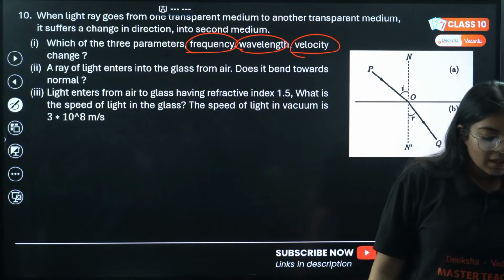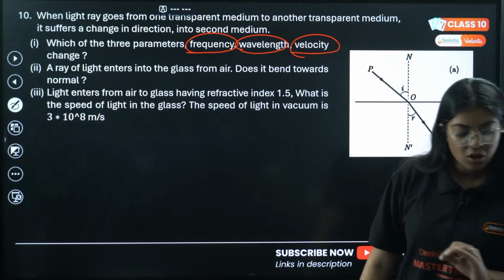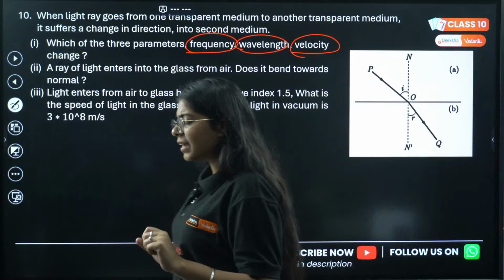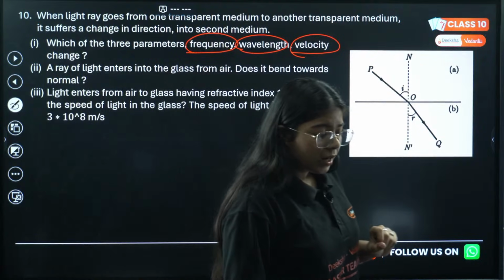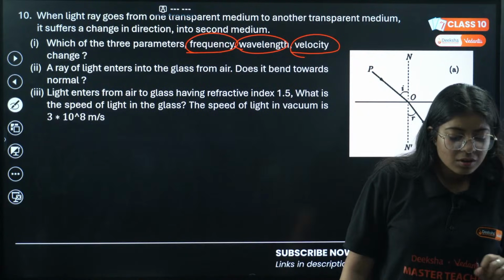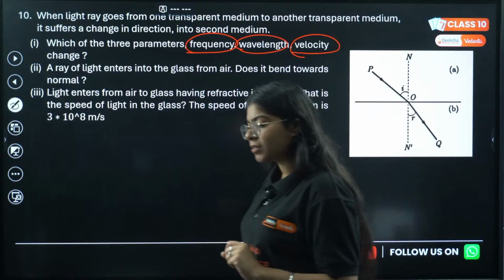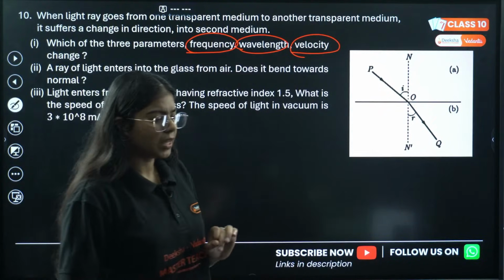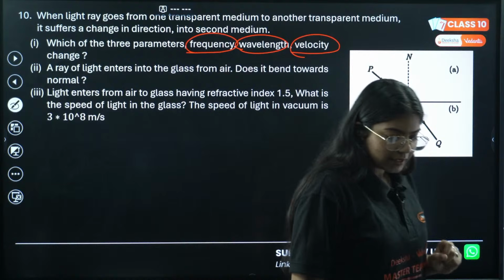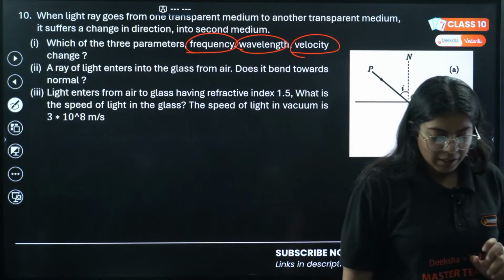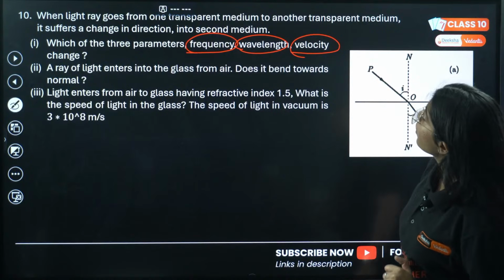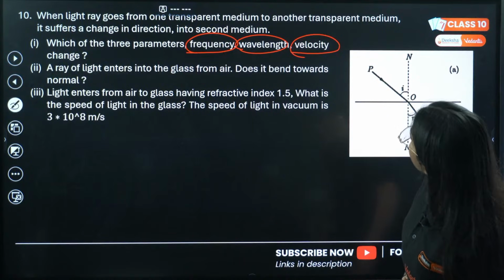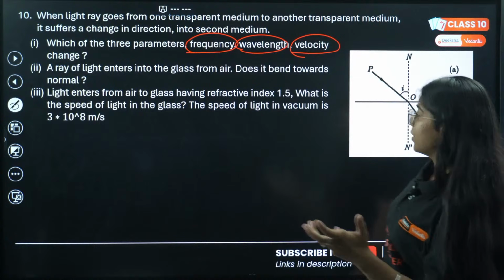Velocity of light, Parth is also saying velocity of light. Not wavelength, and frequency both remain the same. Let me know, do the wavelength and frequency both remain the same? When going from a denser medium to a rarer medium, the light bends away from the normal. Yes, that is correct.